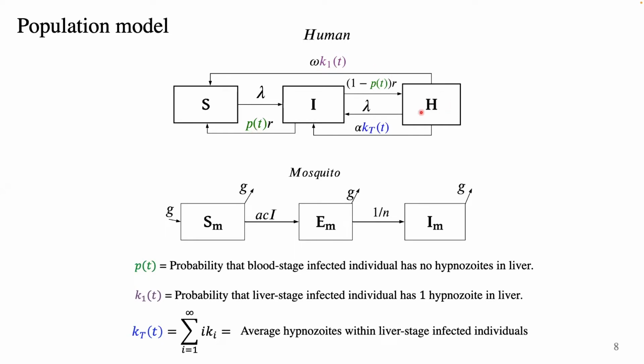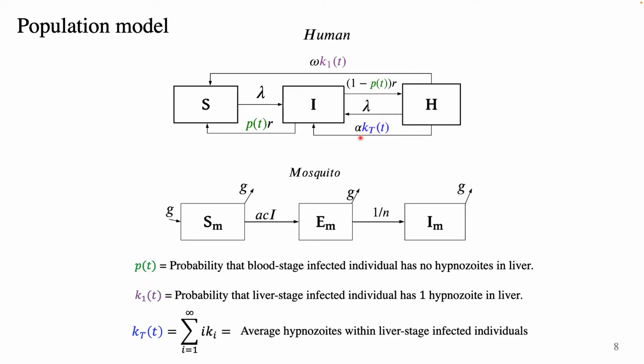While they are in the liver stage infected compartment, if a hypnozoite activates, they become blood stage infected again. We defined a parameter K_T, which represents the average size of the hypnozoite reservoir, given that they are liver stage infected individuals.